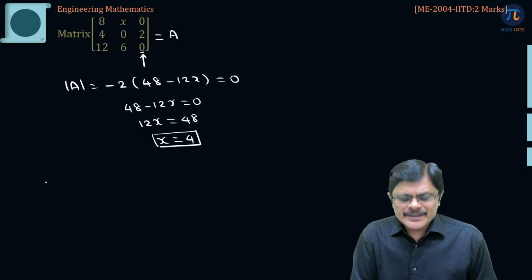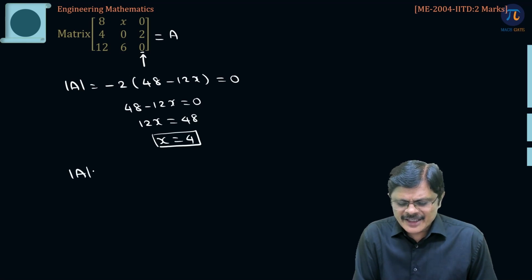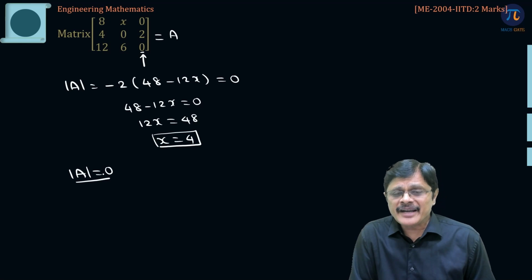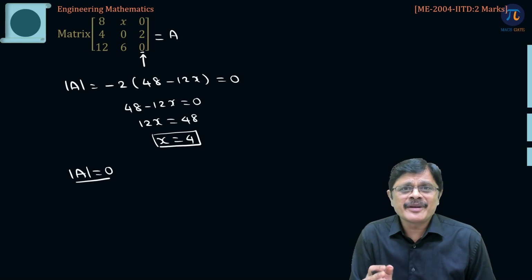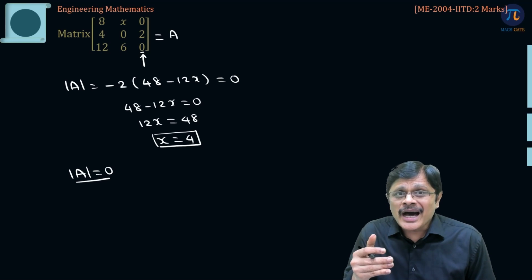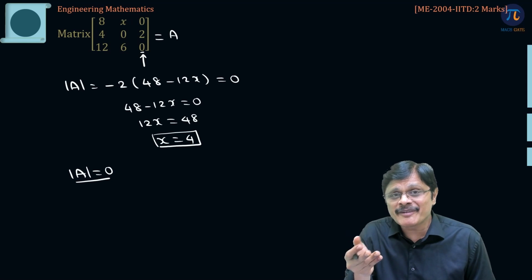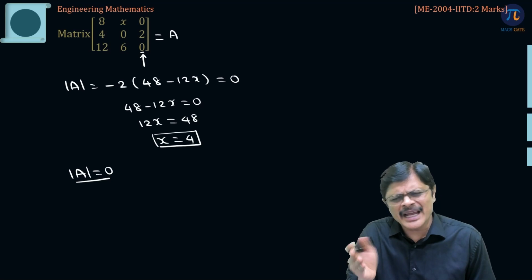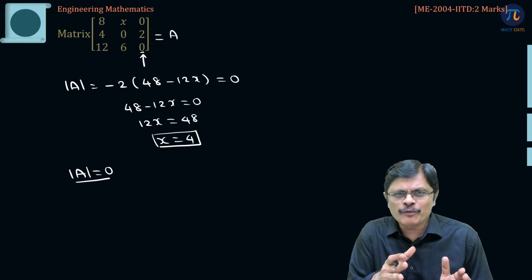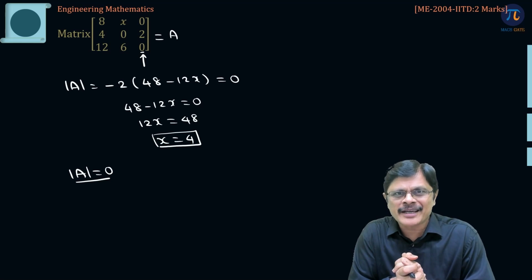There is one more idea. See, my dear friends, whenever the determinant is 0, definitely there is some relation between rows as well as columns. That is, rows are dependent and columns are also dependent. If you are able to find such a relation between rows or columns, using that you can find the value of x.